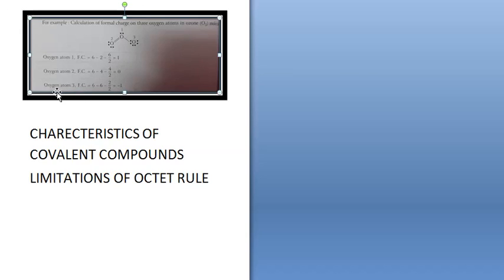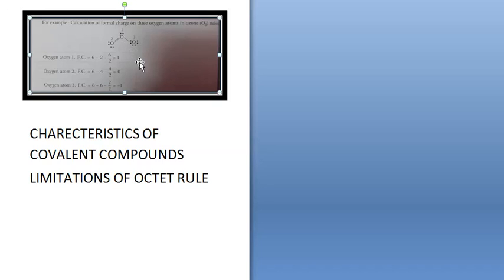Third oxygen atom, it is linked by a single bond. Total number of valence electrons is 6. Lone pair electrons, which are not taking part in bond formation, are 6. And electrons which are taking part in bond formation are 2. So 2 upon 2, 1.